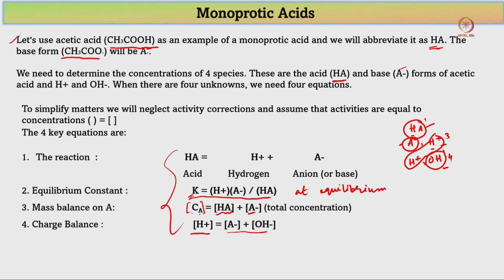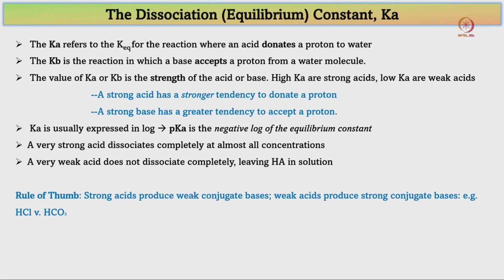Now, let us discuss a little bit on the dissociation constant, that is the Ka value. Okay. So, the equilibrium dissociation constant Ka value. What information does it give and how do we use it? Okay.